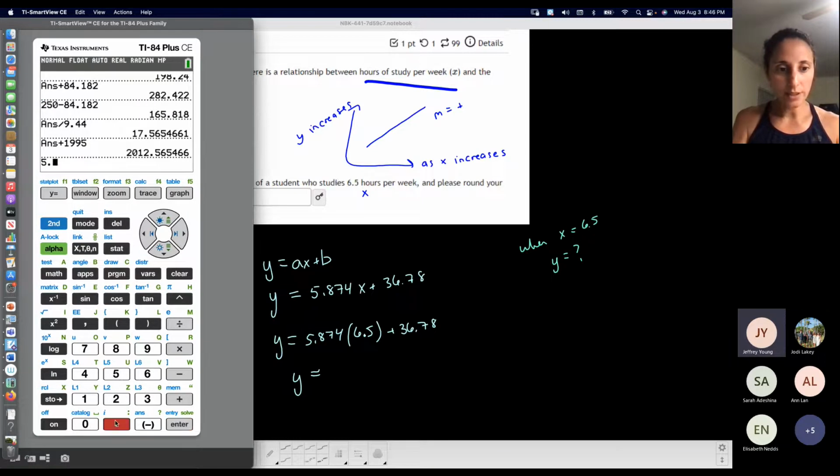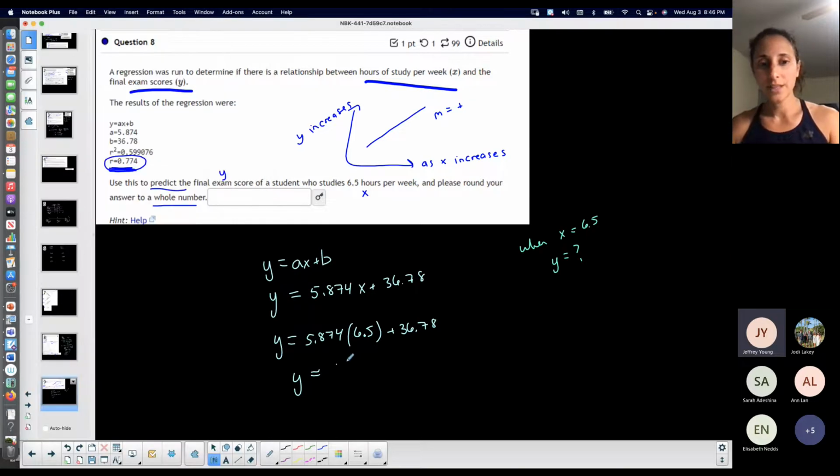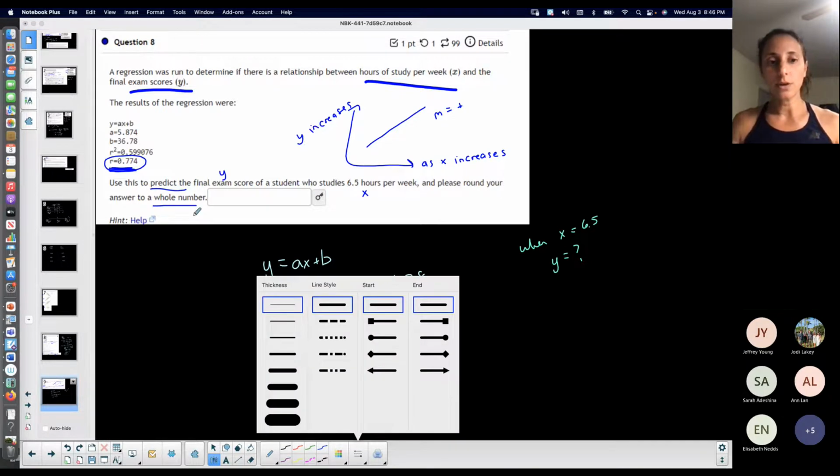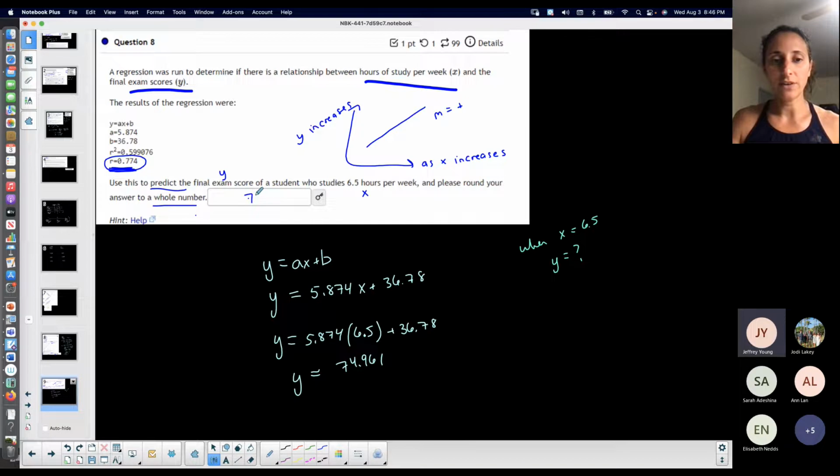Let's see, 5.874 times 6.5 plus 36.78. That's 74.964. Now they tell me to round to a whole number. So I'm going to go to the closest, approximately 75.